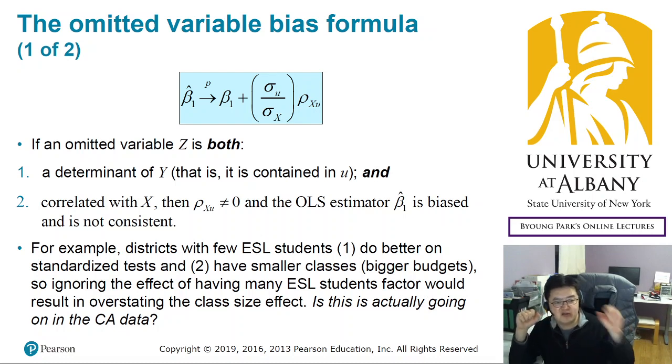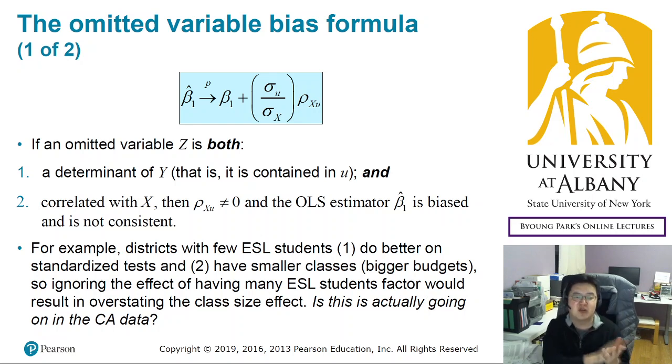So the number of ESL students is the confounding variable, but the problem here is you do not observe that.